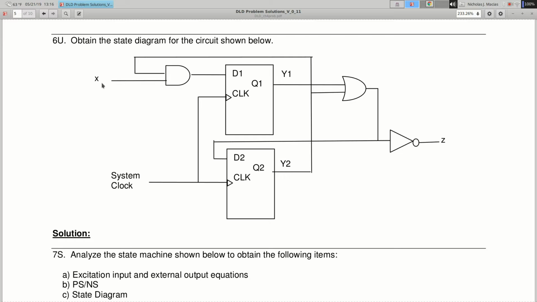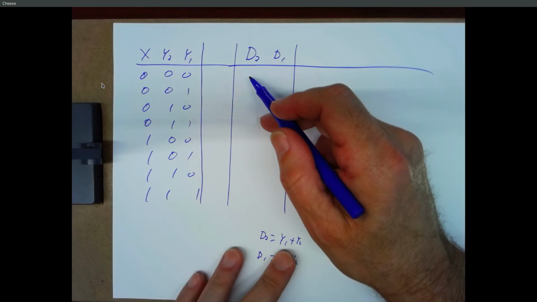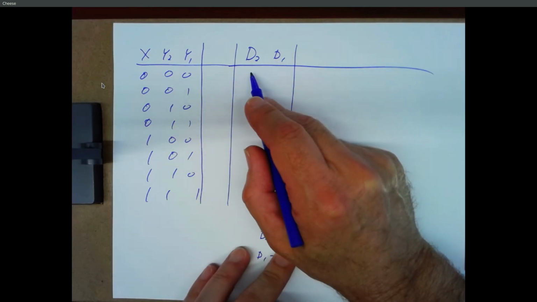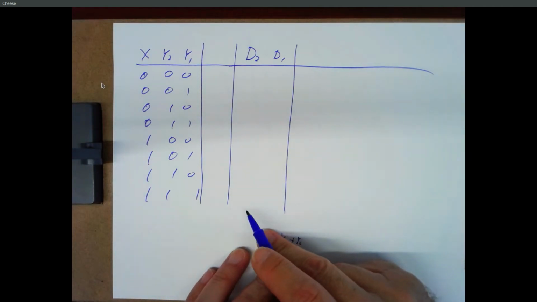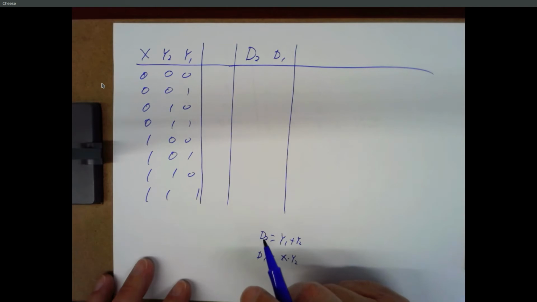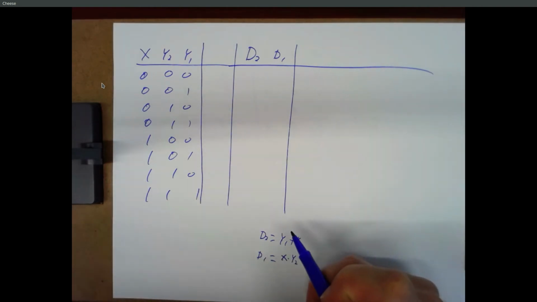All right, and once you've got those equations, now you can fill in ones and zeros for D1 and D2 in your truth table. So for example, D2 is Y1 ORed with Y2, so OR these two columns, that'll give you the values for D2. And you already did that, good. And then D1 is X ANDed with Y2, okay, good.